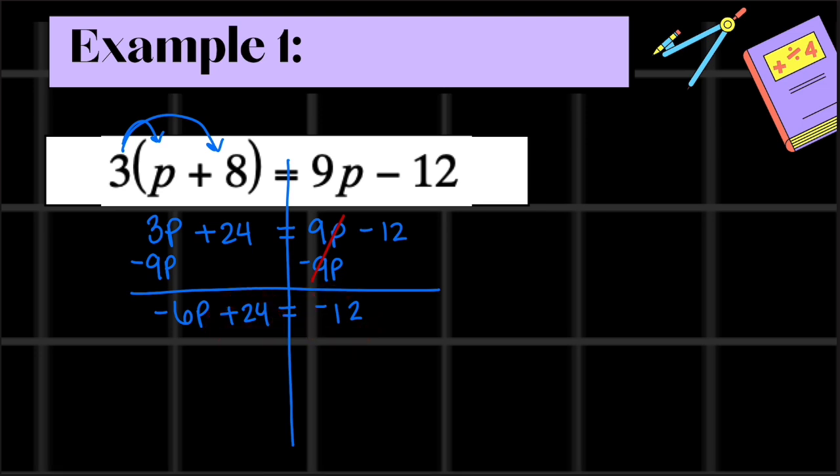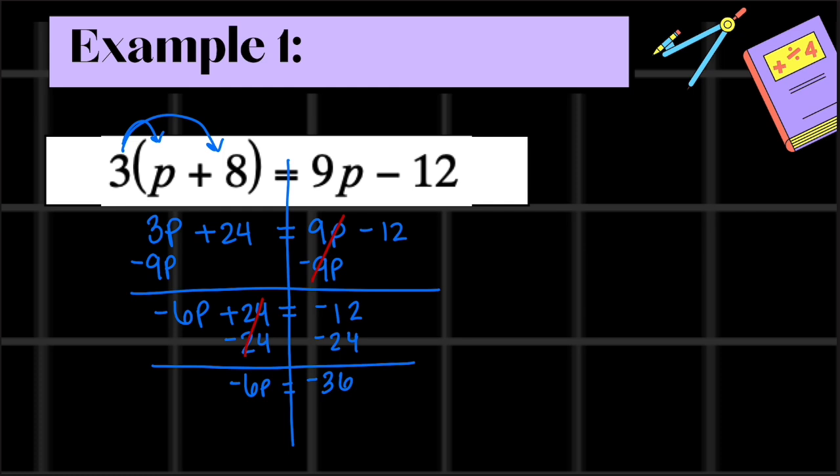So I'm going to move positive 24 to the other side of the equal sign by doing inverse operations. So I'm going to subtract 24 from both sides. 24 minus 24 cancel out. So I have negative 6p on the left, and negative 12 minus 24 equals negative 36 on the right.